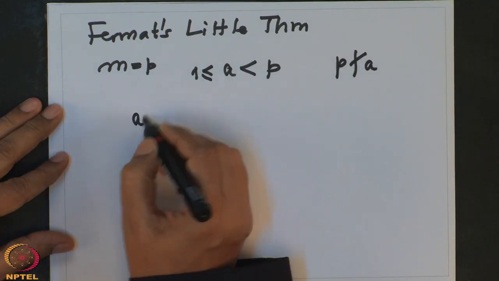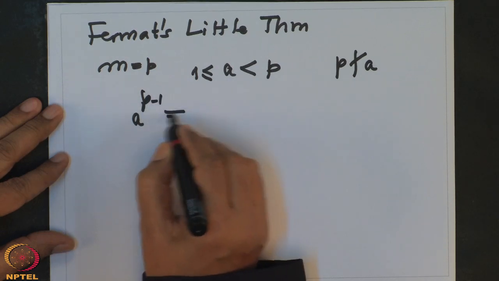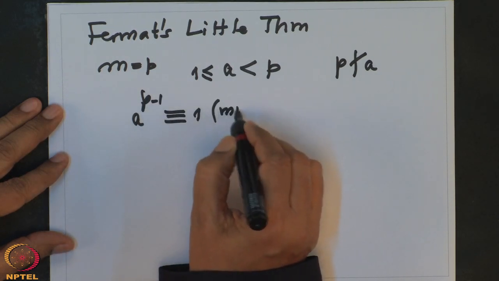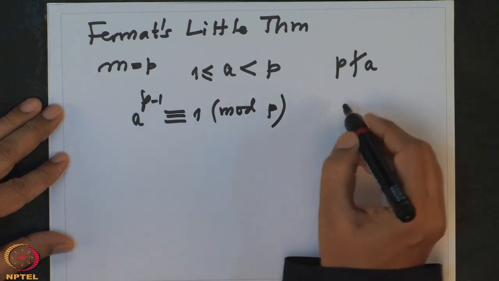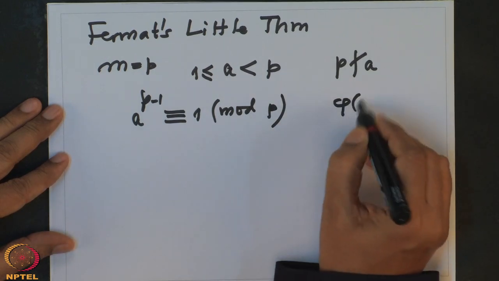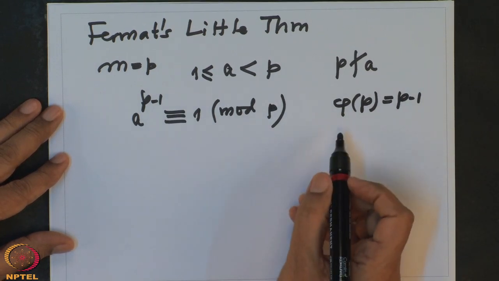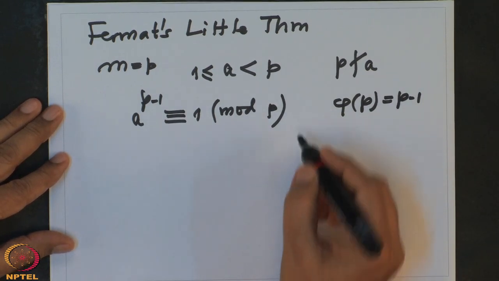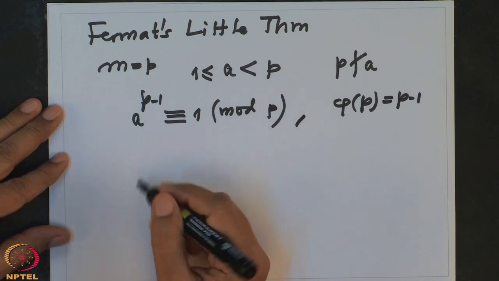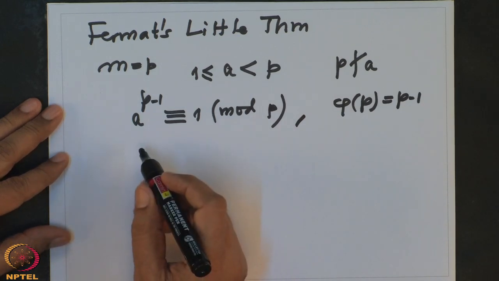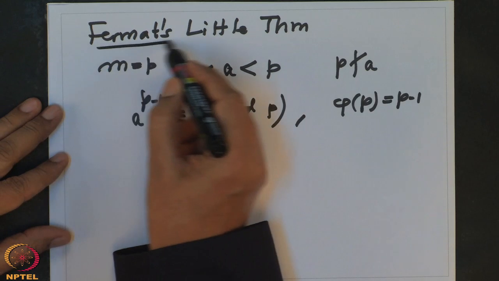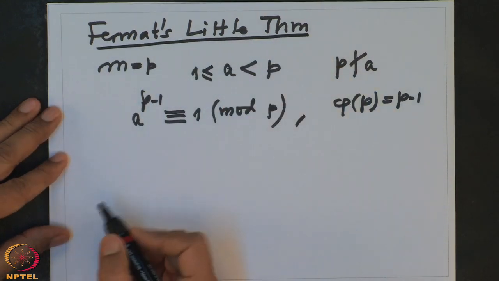So a to the power p minus 1 is congruent to 1 mod p. Note that in this case phi p is p minus 1, because everybody smaller than p is coprime to p. So that is Fermat's Little theorem.